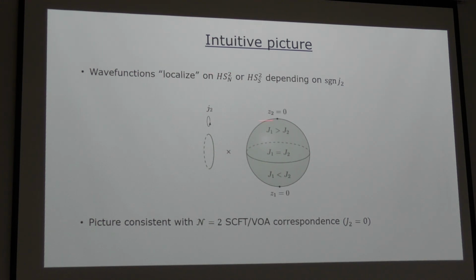So that's the intuitive picture behind this geometric interpretation of this factorization. This is actually consistent with a relation of N=2 SCFTs with chiral algebras, which can be thought of in this picture as living at the pole of the base.